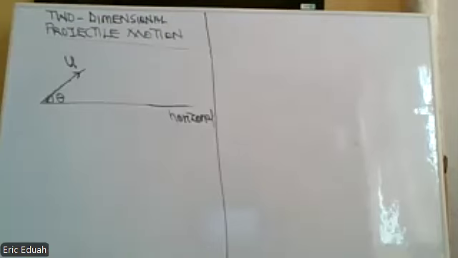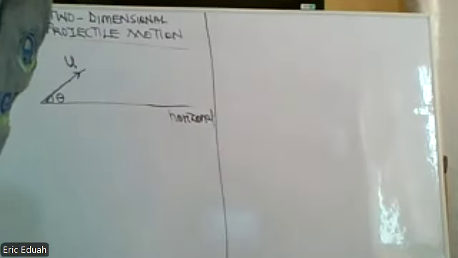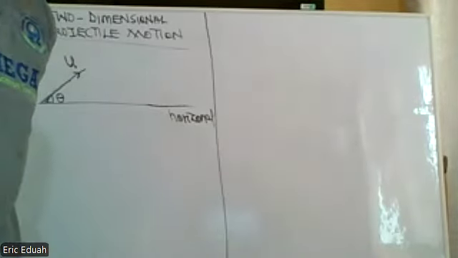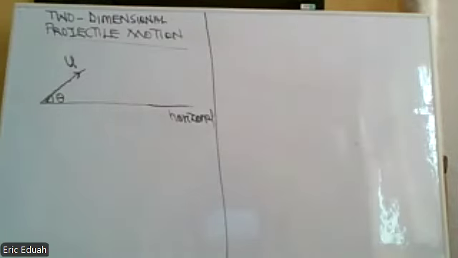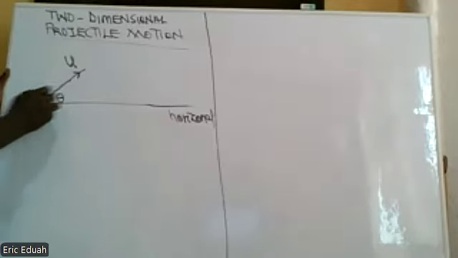But in projectile motion, you must not forget the assumptions. Air resistance is neglected, and the other assumption is that gravity does not affect the motion of the projectile horizontally. So if it is thrown, the body is sure to move from ground to ground.